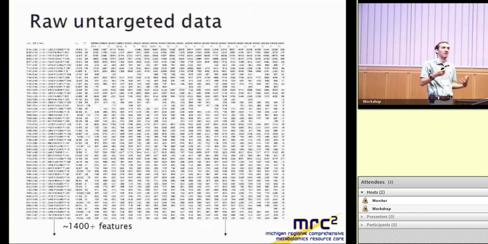What do you get out of it? Well, this is a very small portion of what the data looks like when it comes out. When you submit samples to the core lab and you want untargeted metabolomics, you're going to get a little bit more than this, right?